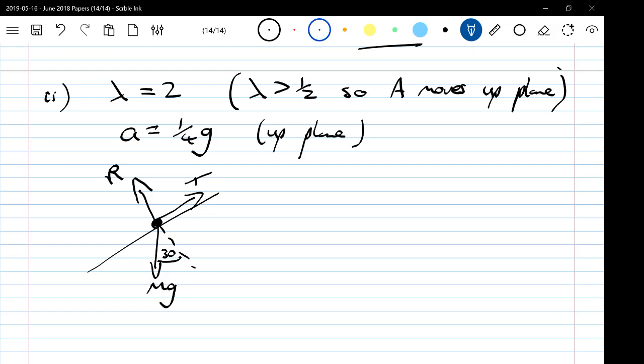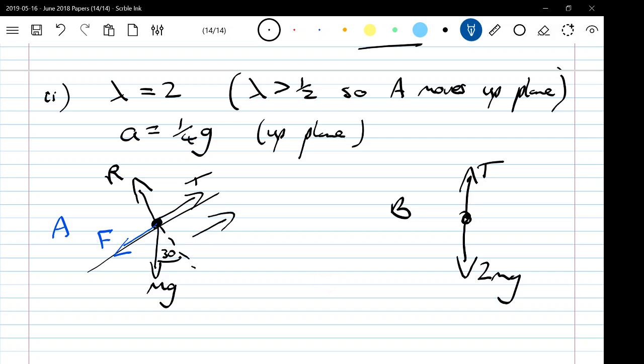But now we've got the frictional force opposing the motion up the plane. So we've now got F in that direction. That's particle A. If I think about particle B, I've still got the tension, and I've now got 2mg as being its mass. This one is accelerating in that direction with a quarter g, and this one is accelerating downwards with an acceleration of a quarter g.